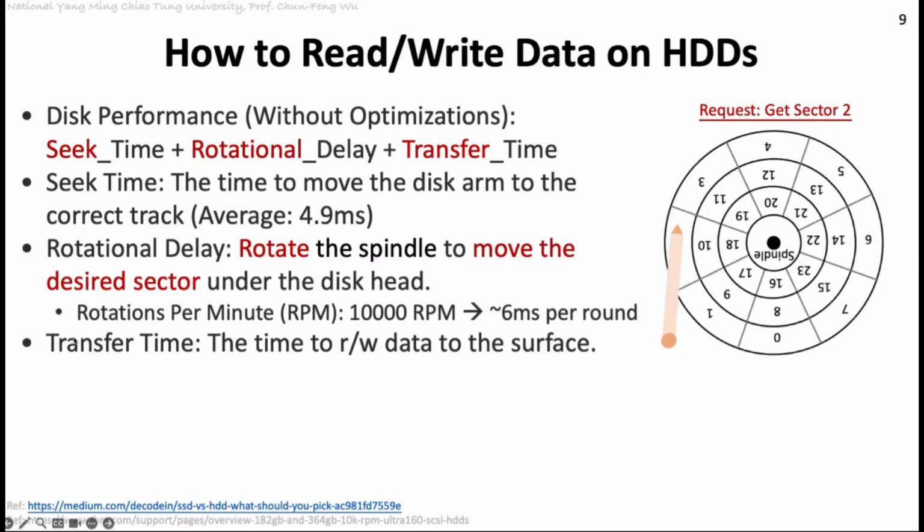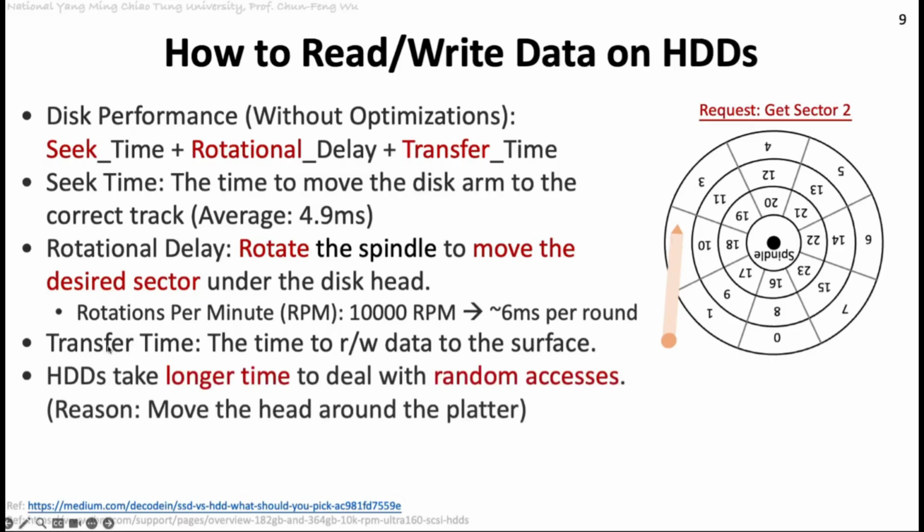This is called the time to read or write data on the surface, because you need some time to adjust the current and the magnetic field to read out the data. There will be more details later on how this kind of transfer works. So there are 3 main steps.